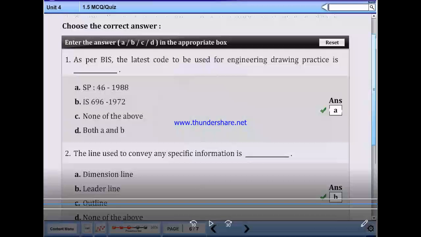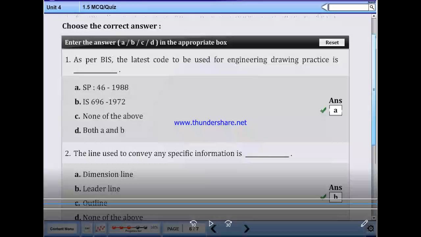Number 1. As per BIS, the latest code to be used for engineering drawing practice is: A. SP 46 in 1988, B. IS 696 in 1972, C. none of the above, D. both A and B. The answer is SP 46 1988.